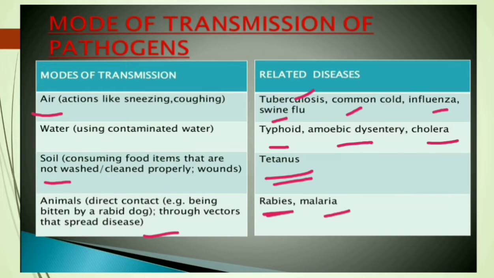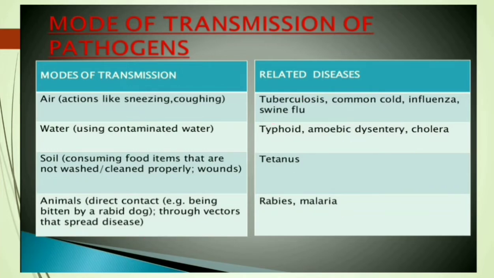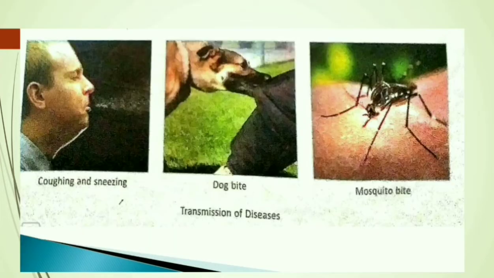So these are a few of the modes of transmission. The disease is spread through air, water, contaminated food, soil, or some living organism like plants, animals, insects, etc., known as carriers. They pass the disease-causing germs from a sick person to a healthy person.